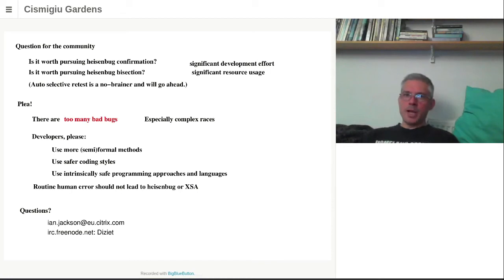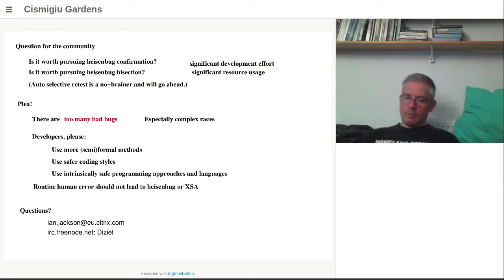And I also have a plea for the developer community. We've got far too many of these bad bugs. We've got far too many complex races. And I think a lot of that is due to our development style. We make too little use of semi-formal methods; often even basic internal data model and API invariants are not written down anywhere. Some of our coding styles are invitations to human error.